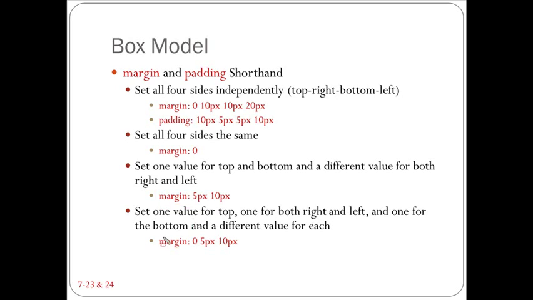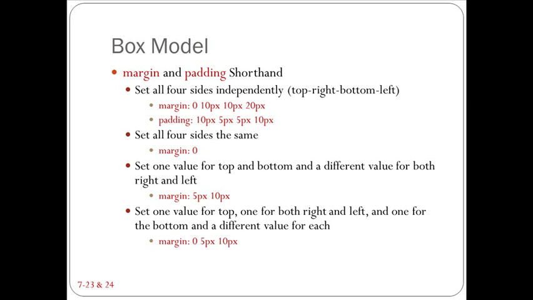And then the last one that a lot of people don't talk about but is used fairly often is you can supply three values. In this case, the 0 would be the top. The 5 pixels would be both right and left margins or padding. And then the 10 pixels would be for the bottom.